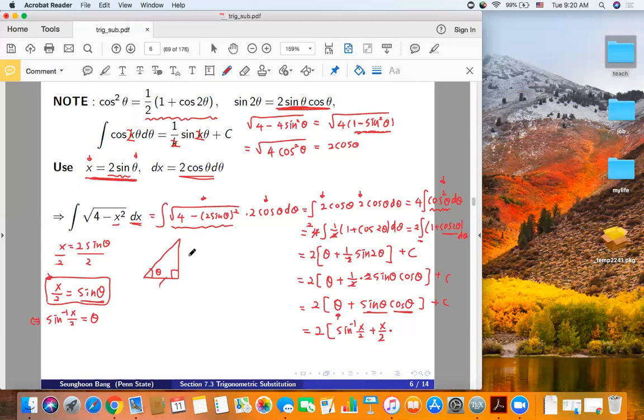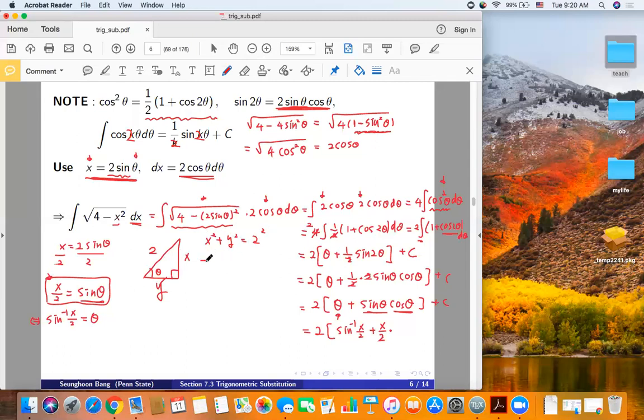So we have the opposite here and the hypotenuse. How can you find the adjacent side y? You can use the Pythagorean theorem: x squared plus y squared equals 2 squared.